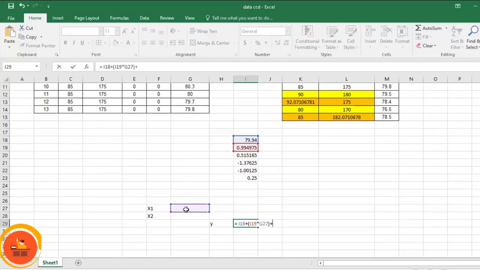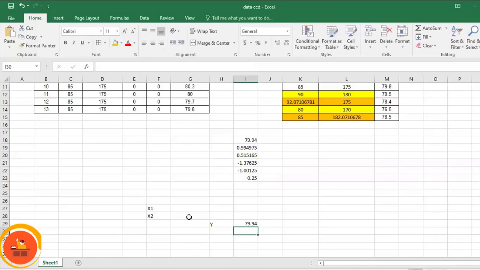So I will enter plus this into x2, that is reaction temperature, plus this into x1 square, plus this into x2 square, plus this into x1 into x2.